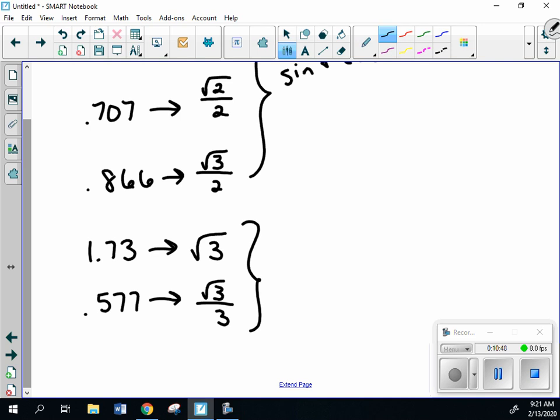These you need to memorize based on the tangent values. So when it asks for those exact values, you could type that in and figure out, based on those decimals, what the exact value is. So that's using your unit circle. We'll talk about how you can build the unit circle and get it memorized.